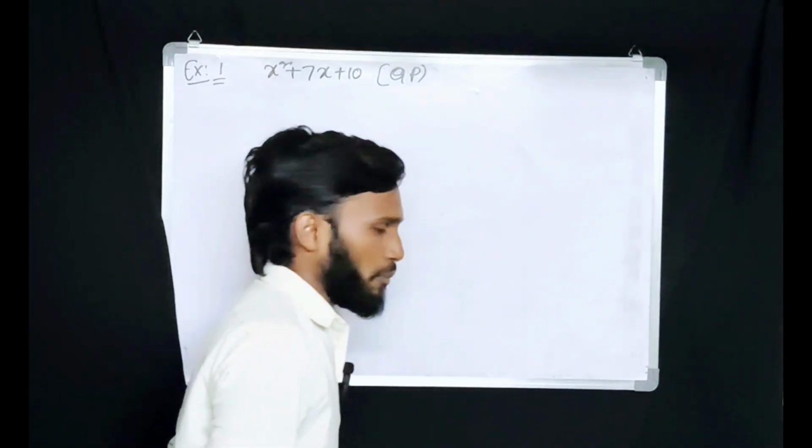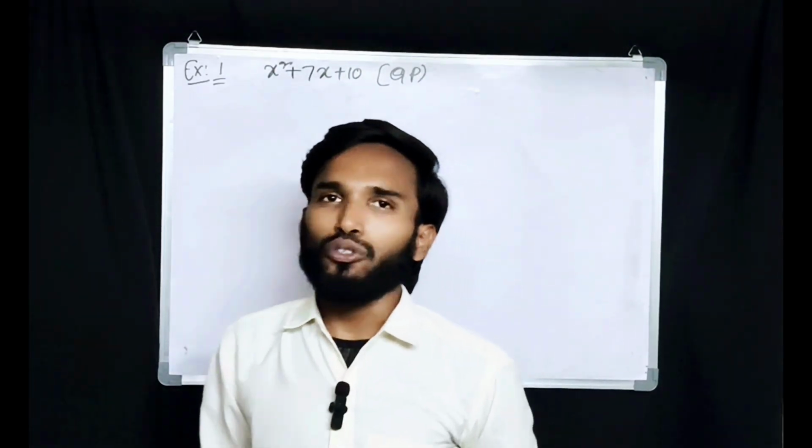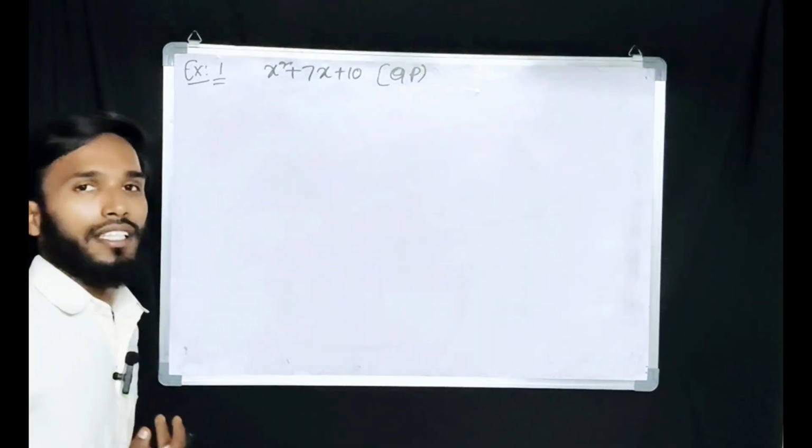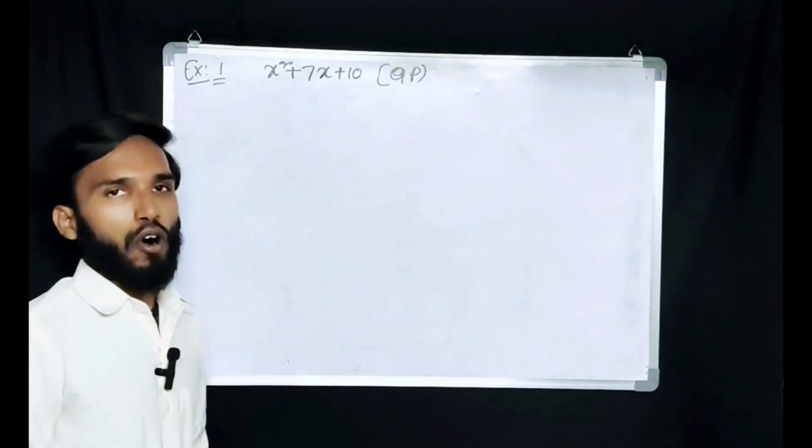Now for this quadratic polynomial, we have to find the zeros, and next we have to discuss the relationship between the zeros and the coefficients of this polynomial.